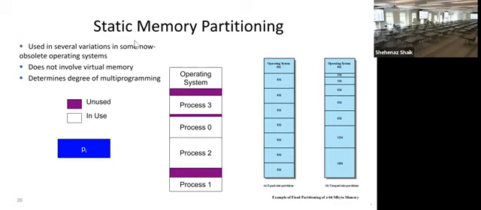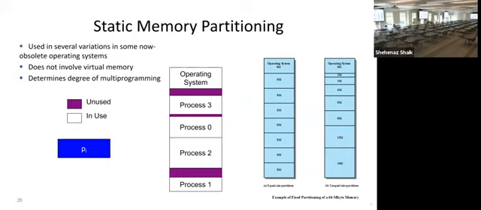Because it is being done statically, and not during runtime, it is a big decision to make as to what would be the number of partitions and what would be the sizes of the different partitions.